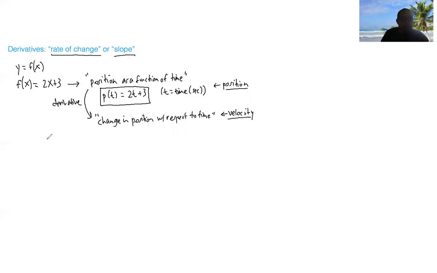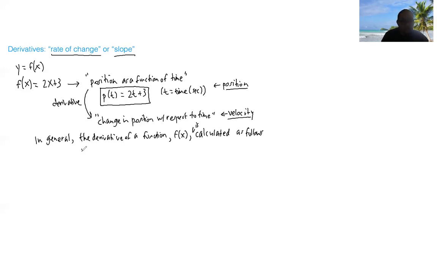And so if I give you a function, so in general, let's write this down: the derivative of a function, we'll call it f of x, that's what we're used to seeing, is calculated as follows.